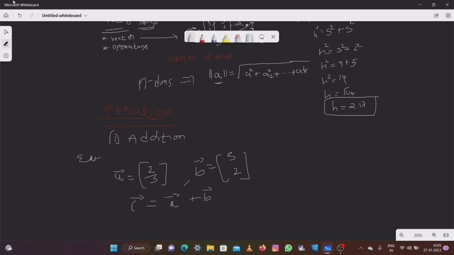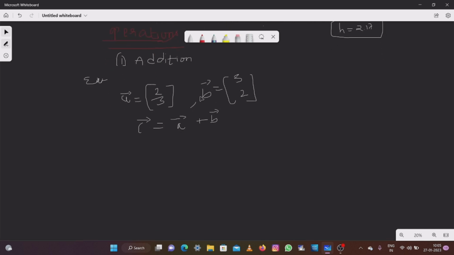I'm adding the two vectors like that. So c bar equals, taking the a bar values 2 3 and the b bar values 3 2.